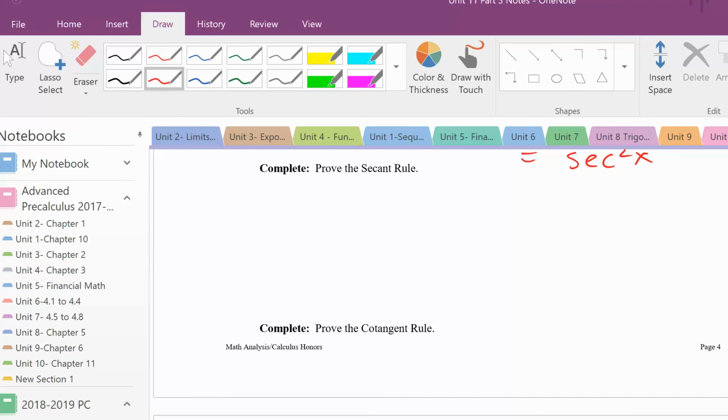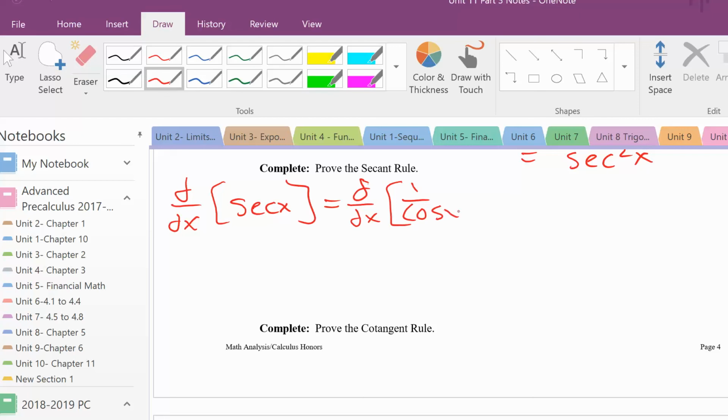For secant, we're going to use the fact that it's 1 over the cosine. So if you do the quotient rule again, remember it's g f prime, so g is cosine, f prime is 0, minus 1 times negative sine, all over cosine squared.